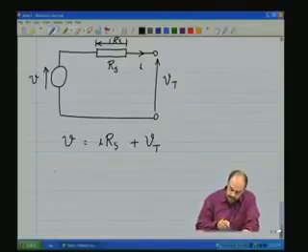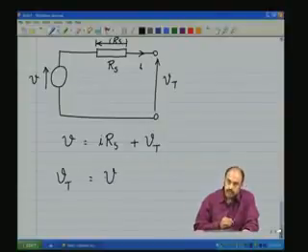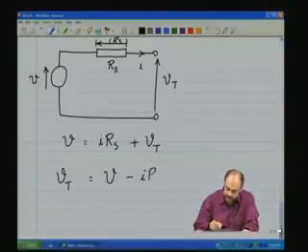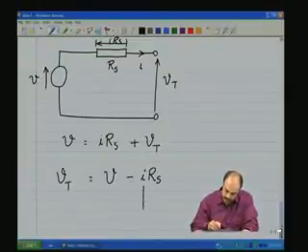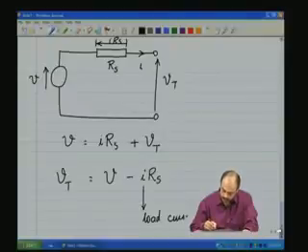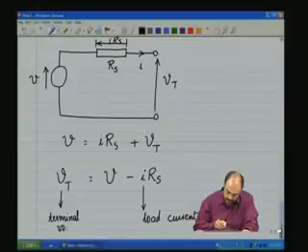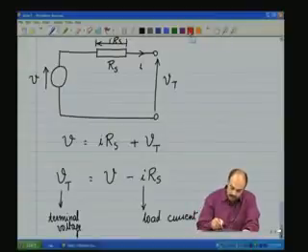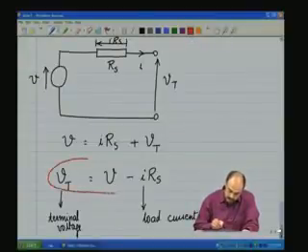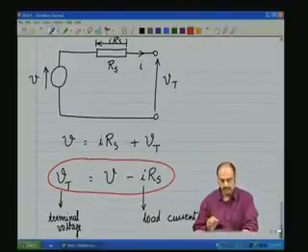So now we need to know what is Vt with respect to the load current. Vt is V, which is the source voltage of the ideal source, minus I into Rs. So this is the load current, and this is the terminal voltage. So let us have a look at this equation.